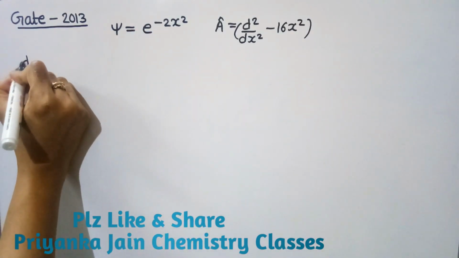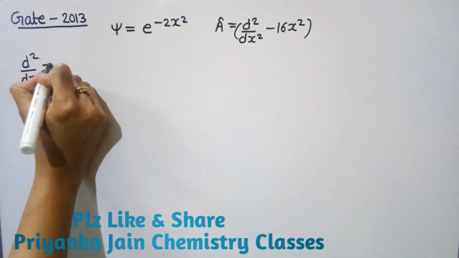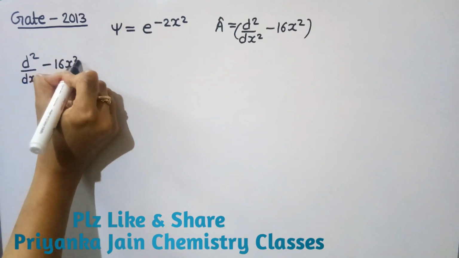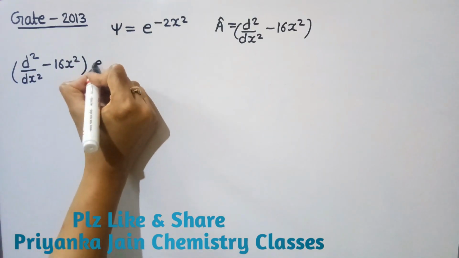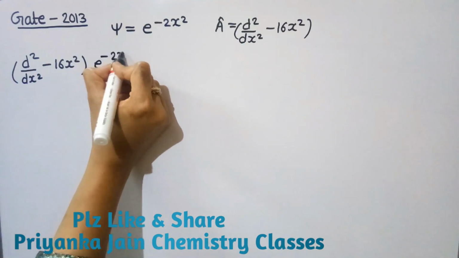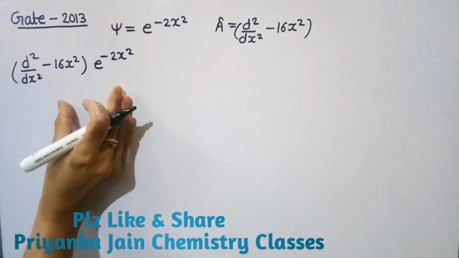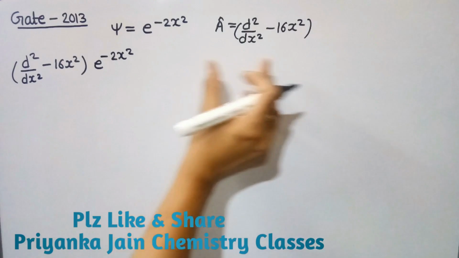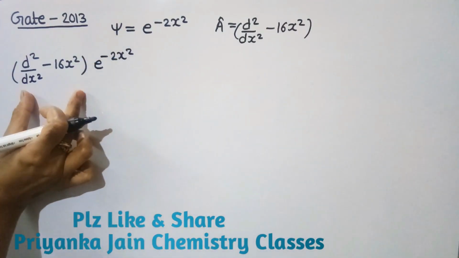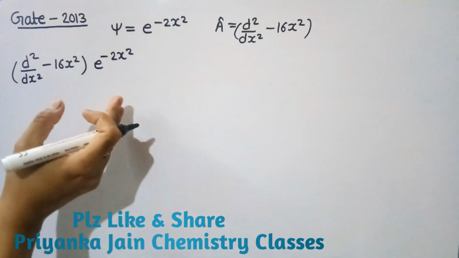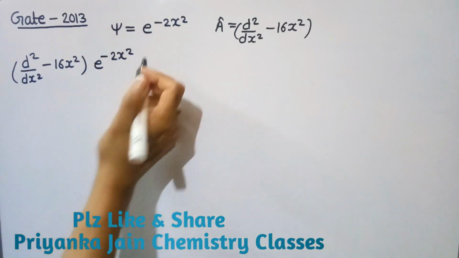Firstly, write down the operator in this way, and then apply it on the wave function, which is e to the power minus 2x square. When we solve it, we get a term in which there is this wave function and a term, and that term will be our answer because it is already said in the question that it is an eigenfunction.